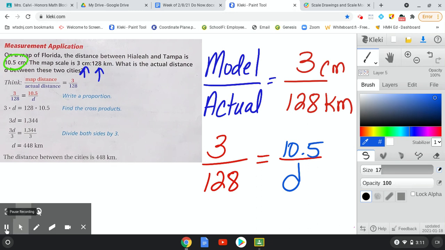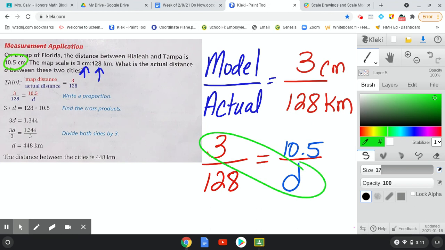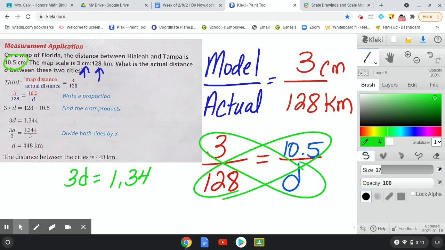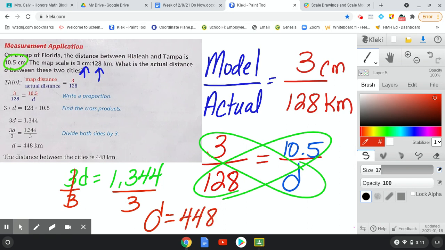So now to solve, we are going to just cross multiply. 3 times d gives me 3d. 128 times 10.5 gives us 1,344. And to solve, you're going to divide by 3. And the actual distance from Hialeah to Tampa is going to be 448 kilometers.